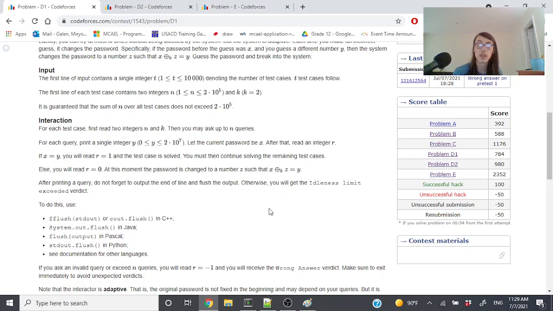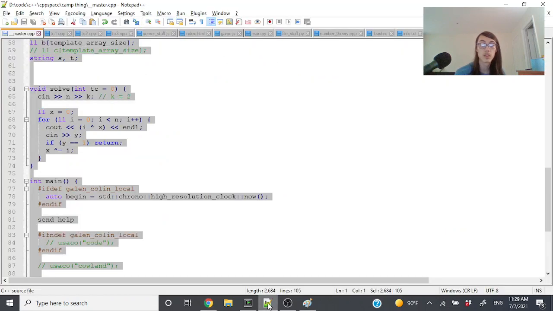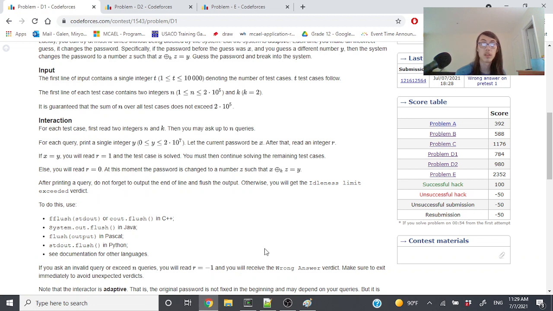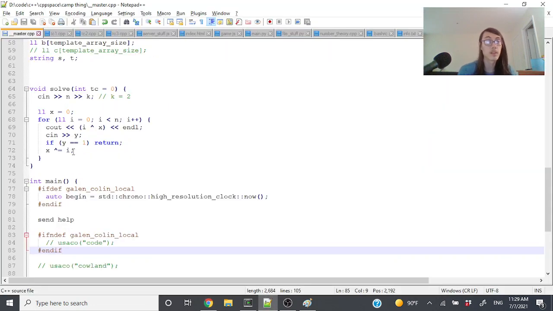Huh. Why? Let the current password be X. Oh, wait.